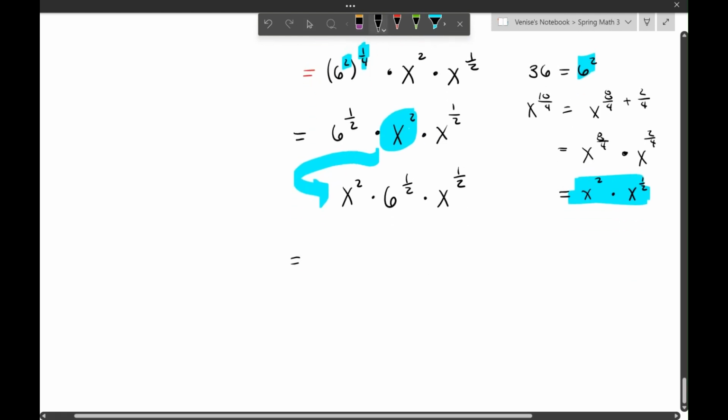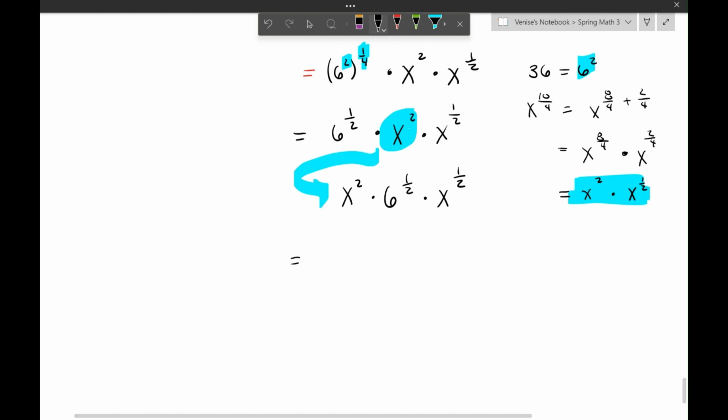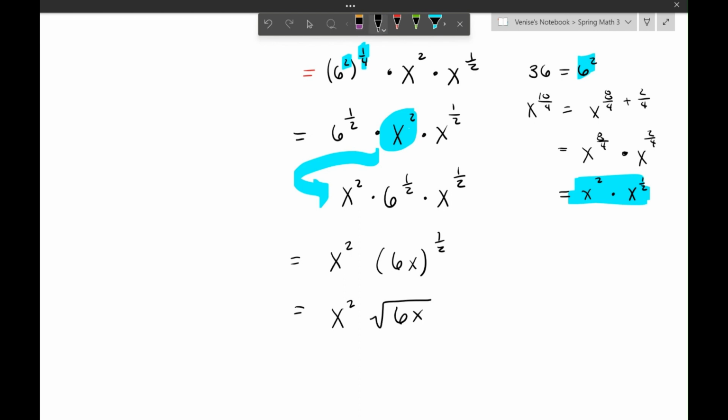So this is another way of doing it: x squared, and this becomes 6x to the 1/2, which is x squared times the square root of 6x. So just do it step by step. Try to practice this multiple times before the test.